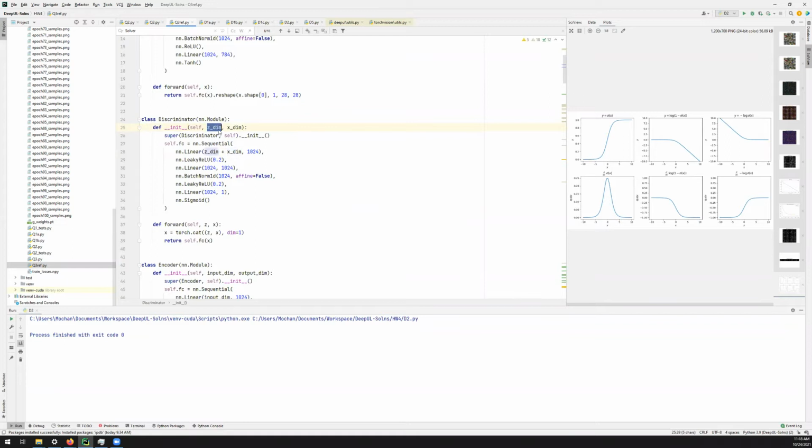Okay. Yeah, the reason that we need both of these is that the discriminator now has to take the latent variable and the image. So it's just going to be concatenated together. So we have X and Z, and they're concatenated together.